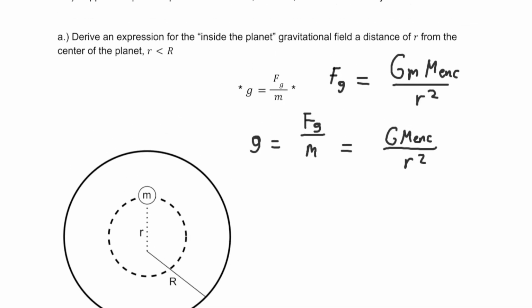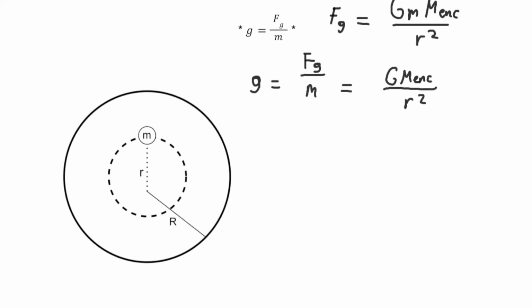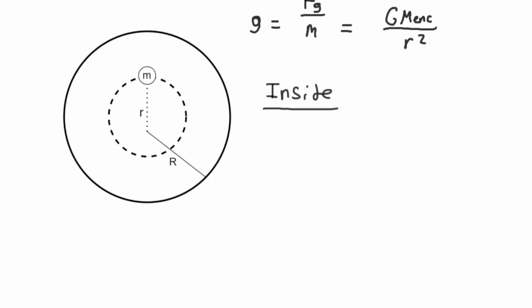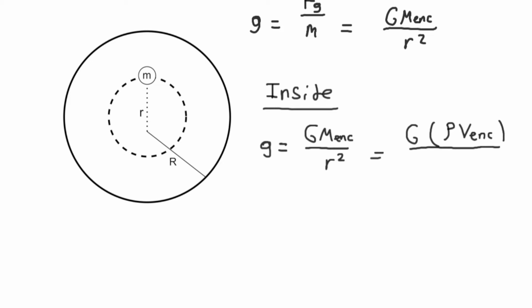So for inside, we have that g is equal to G times the mass enclosed divided by r squared, which is equal to G times the mass inside, which is density times volume, divided by r squared.